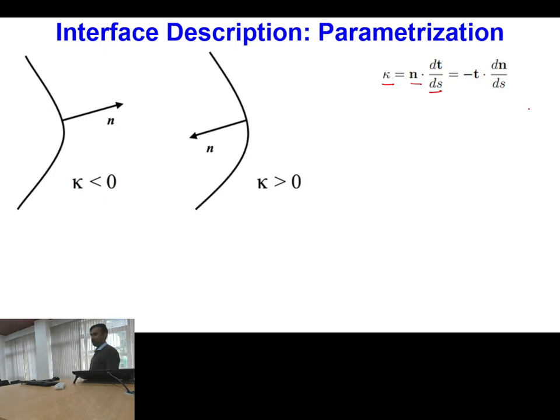Is this one clear? So if I know the normal vector at any surface, or the tangent vector at any surface, then by utilizing these two I can define the mean principal curvature.